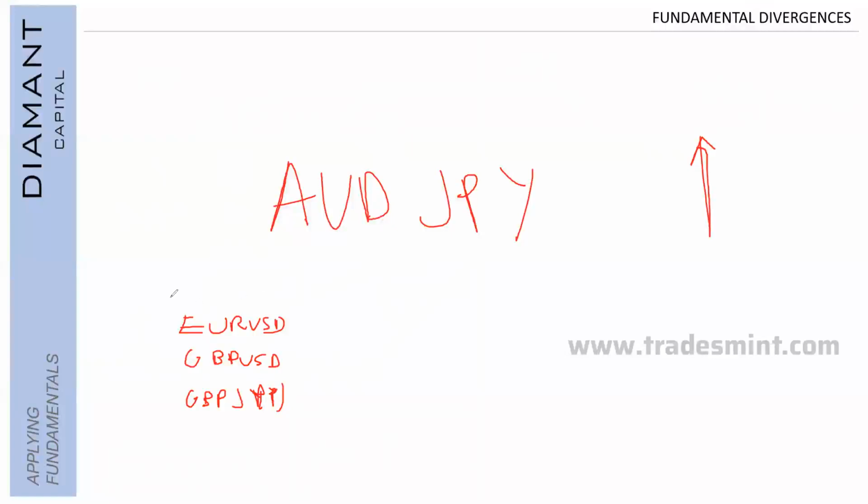But if I don't see a clear fundamental divergence, therefore I'm not understanding where price is going to be going long term, because either it might be fundamentals are very similar. So this is why the euro and the pound move very similar, because their fundamentals might be interlinked, their data doesn't diverge a lot as well.